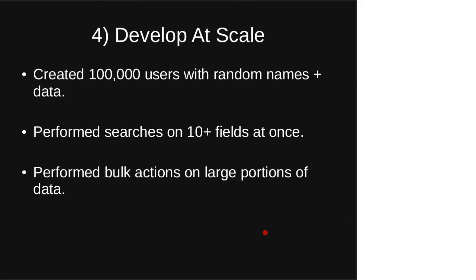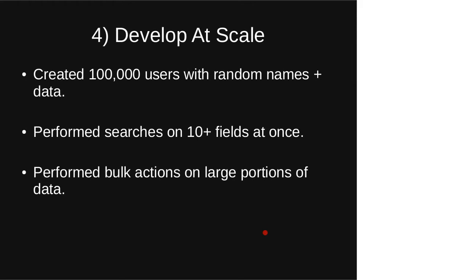And we did develop this at scale, so we did create 100,000 users to test this. And we ran the interface using that data. We performed big searches, 10 different fields, all searching different information. And we enrolled and edited large amounts of users at once.